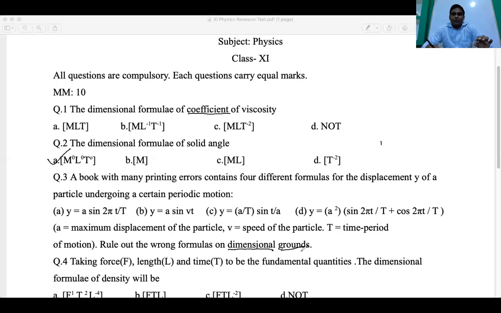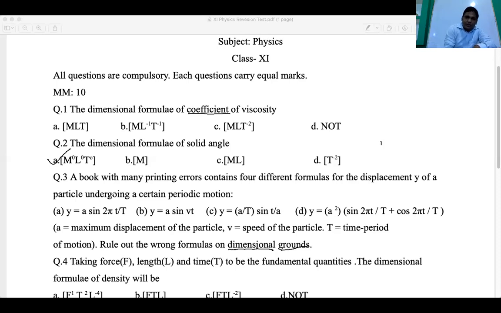Rule out the wrong formulas on dimensional grounds. Actually, this question sometimes came with more than one correct answer, but I made it for one correct only. So you have to check on the dimensional basis, whether the formula is dimensionally correct or not.